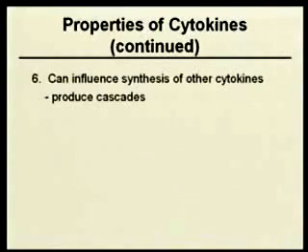And exactly which cytokines in this cascade are produced can then dictate what type of immune response is developed. So you can have either Th1 or Th2. The development of a Th1 versus Th2 typically is dictated by the types of cytokines that are produced in a cytokine cascade.